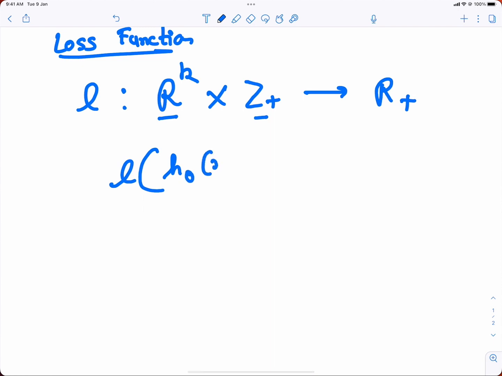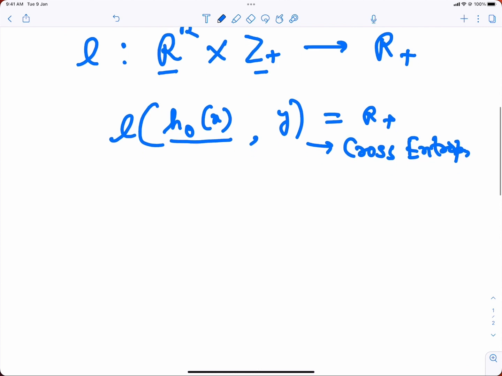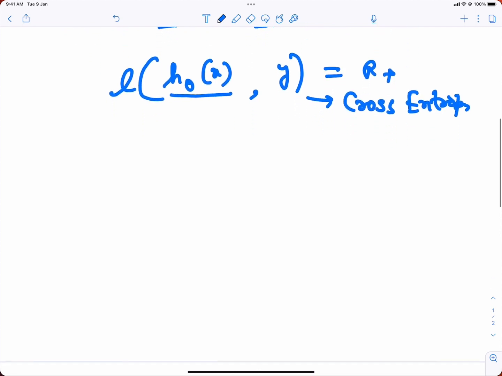We give x as an input to h theta, which is the predicted output, and we give y, which is the actual output, and this gives us a real number. This is the loss, which we are calling cross entropy loss. We'll have a different video about the cross entropy loss, but for the time being, we'll just assume that this is the cross entropy loss.